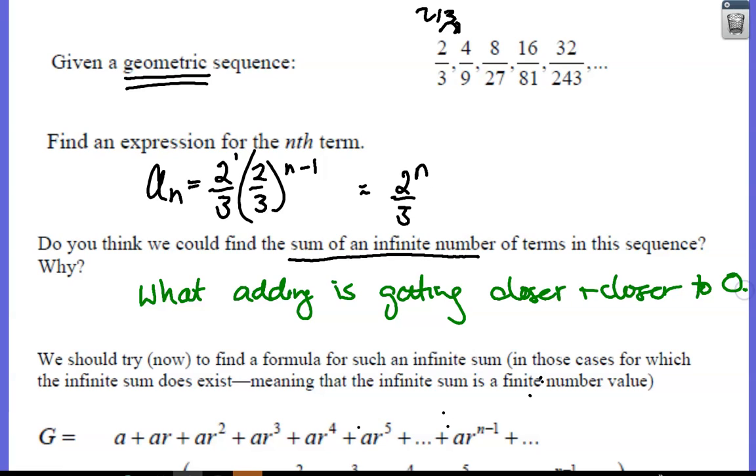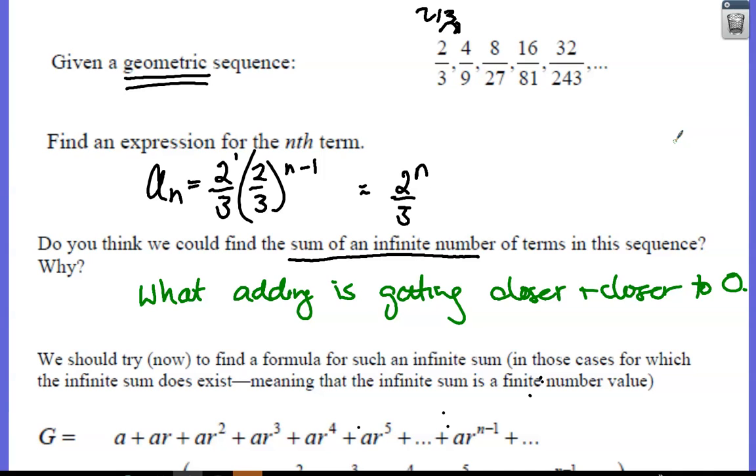And so as you begin to get so small, if I look at the actual decimal values of these things, these numbers start to get so small that you're adding like 0.0000000 something. So you're basically adding nothing. So yes, we do get this finite sum.